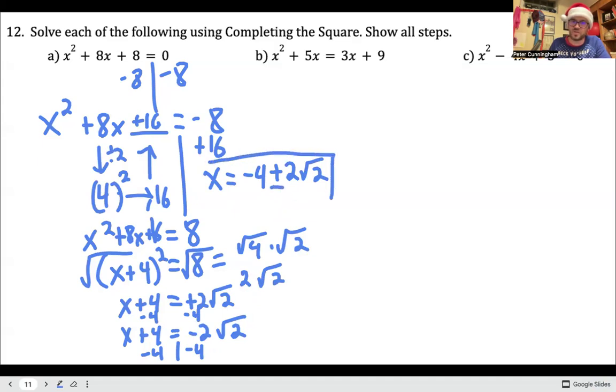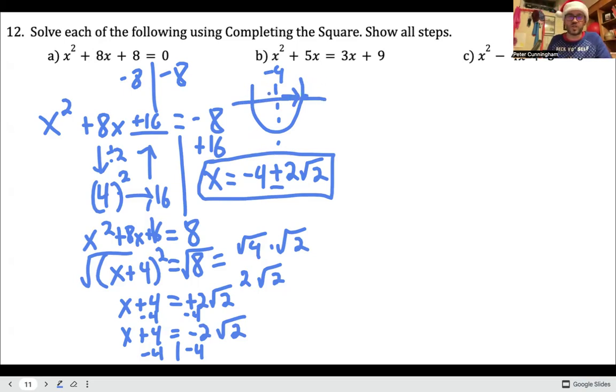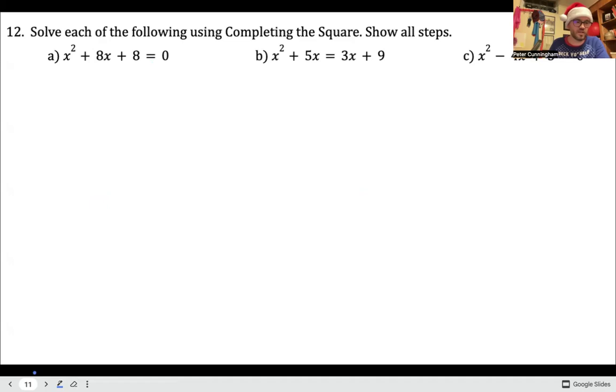So this is really saying 2 answers. 2 root 2 is just like a number. You add and subtract. All right. Christmas magic. Boom. Little delay there. Sometimes you gotta wait for the magic, you know?